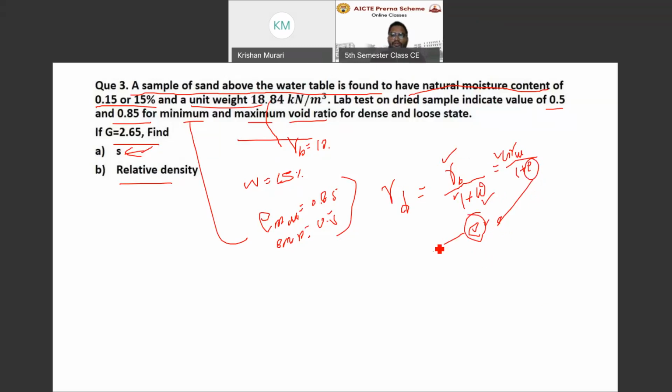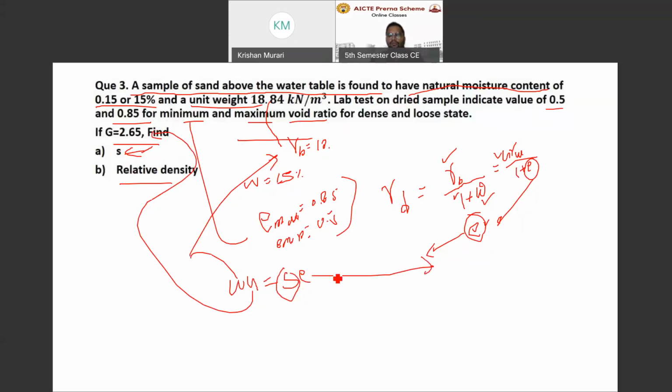If you find the value of e, then you can find the saturation because Wg equals Se. Here W is the water content that is given to you, 15%. G is also given, 2.65. S you have to find, and the void ratio you can calculate. So now you can find the value of S. Second is relative density.